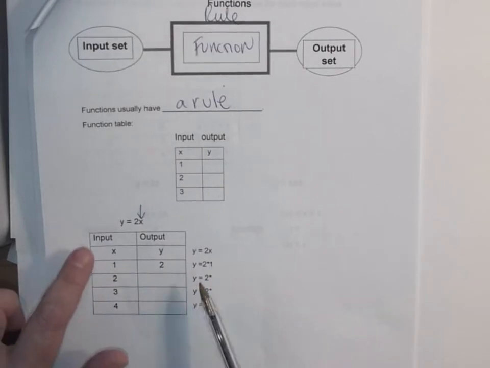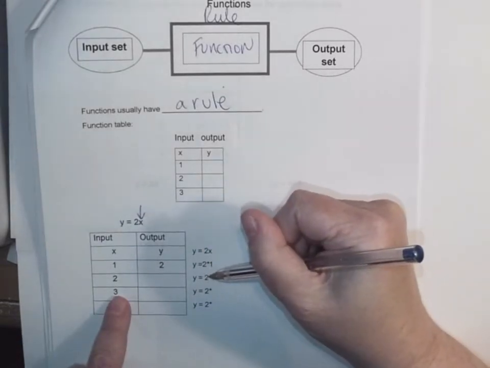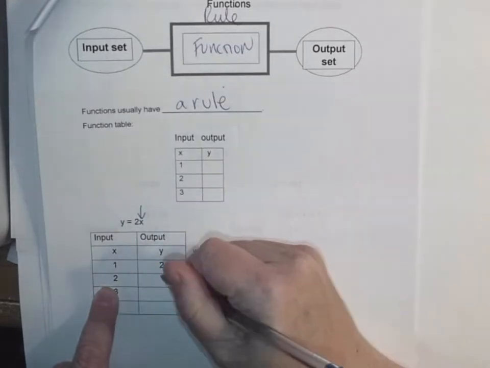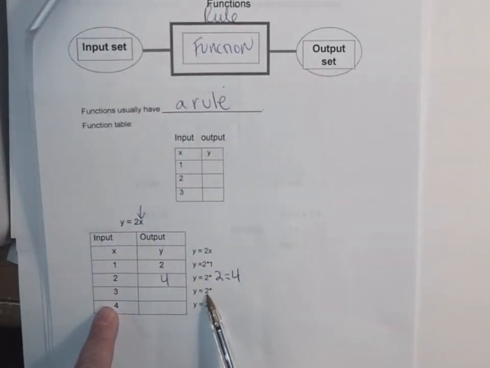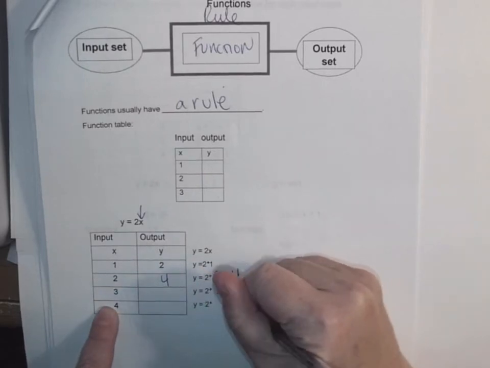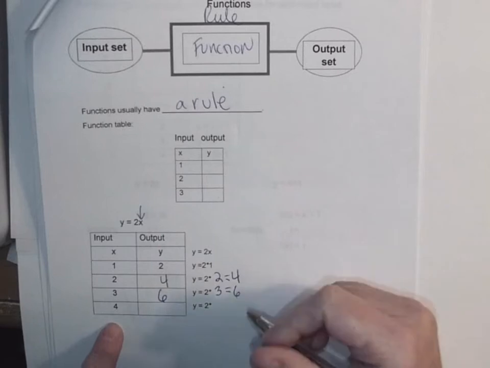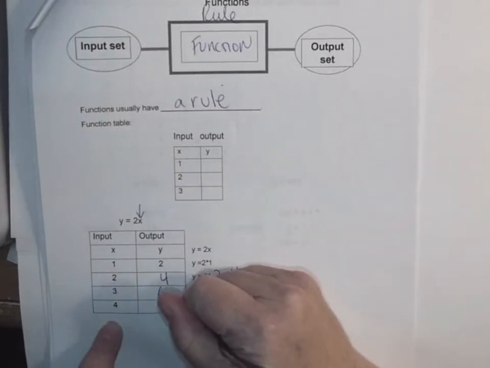So in this one, y equals 2x, my x is 2, so that would be a value of 4. In this one, y is equal to 2 times x, my x is 3, so it's going to be 6. And in this one, it's 2 times x, which is 4, so the value will be 8.